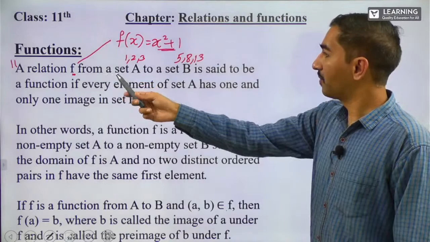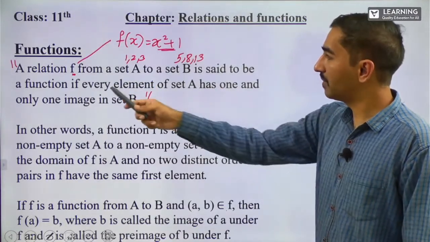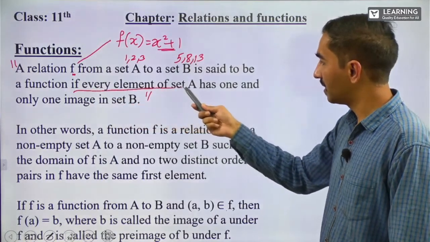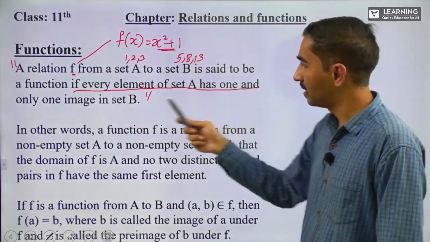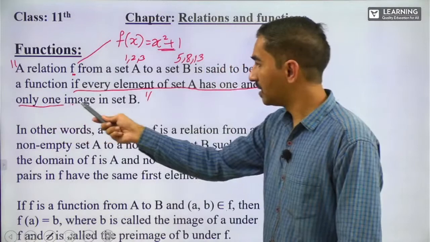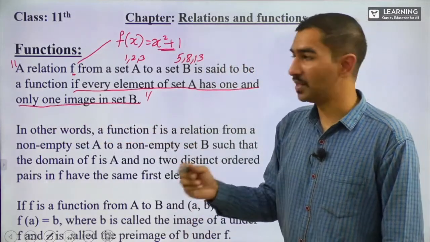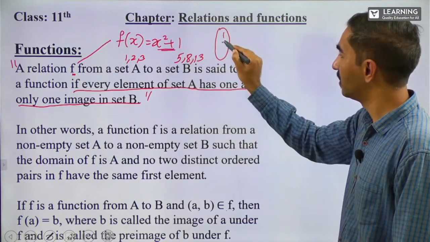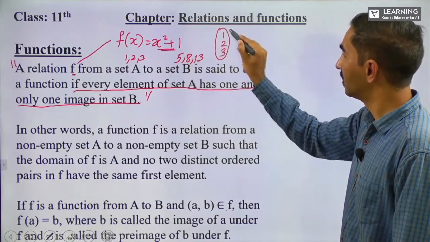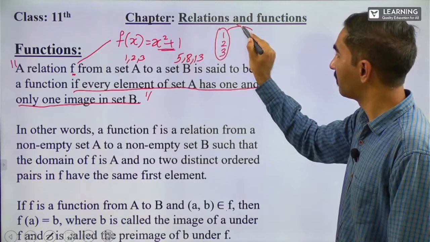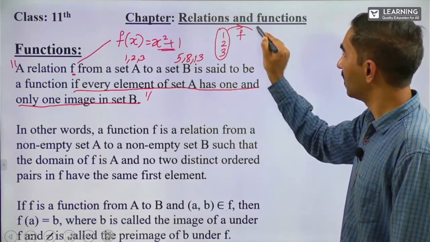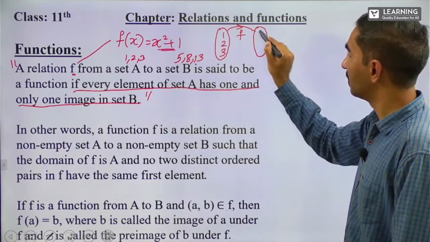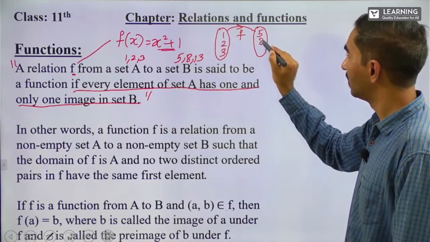A relation F from set A to set B is said to be a function if every element of set A has one and only one image in set B. So when you map it, it will be something like this: 1, 2, 3. Here it is function F. And here we'll be getting the codomain or the range, that is 5, 8, 13.